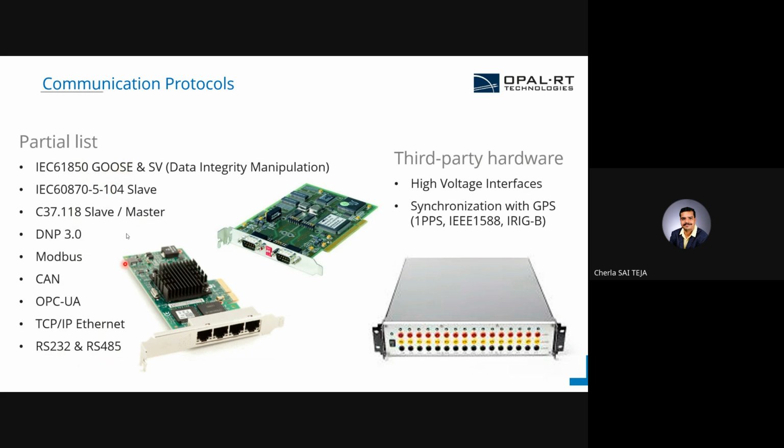Our simulator has the feasibility to send and receive data in all these formats. This is a partial list, and we have some more protocols as well. So depending on the application, the user can select what kind of communication protocol they want and enable it on the simulator, so that they can start sending and receiving the data in that format.